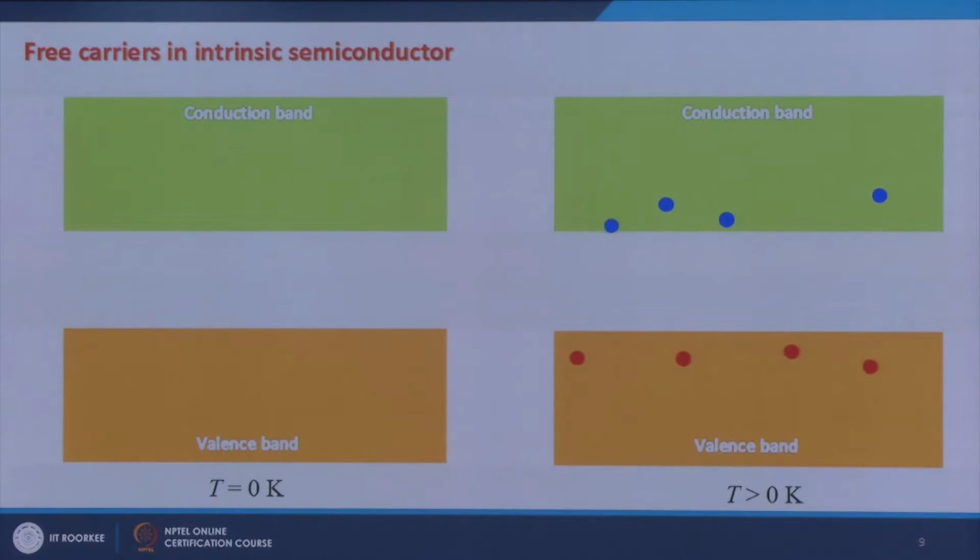However, at elevated temperatures I have some holes available in the valence band and some electrons available in the conduction band. These blue circles here represent electrons and red circles here represent holes.